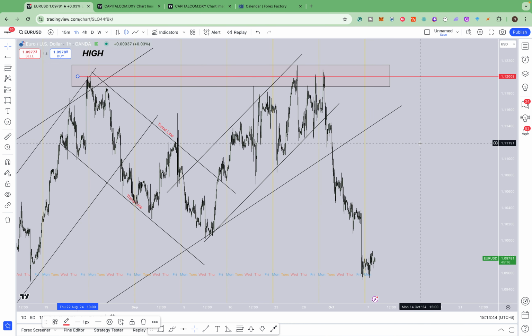So what I like to do is move down the chain. We started with the daily time frame, then we moved down to the 1 hour time frame. Then we can go to the 15-minute time frame.